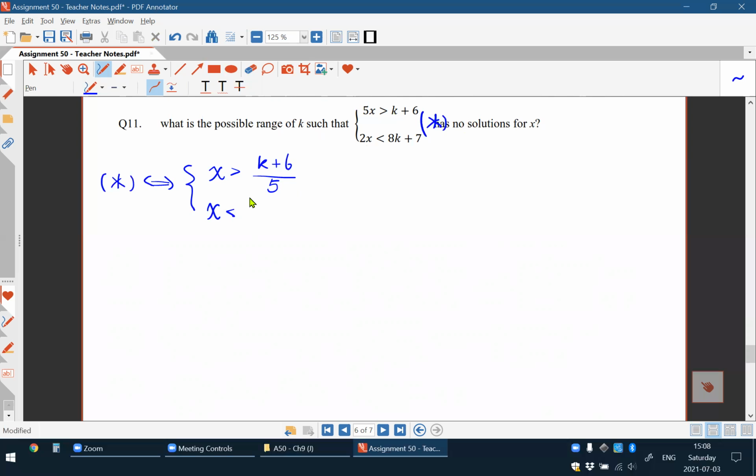So x is smaller than 8k plus 7 over 2. Now if we call this number M1 and this number M2, the solution of this system is x larger than M1 and smaller than M2. So if M1 is smaller than M2, there is a solution, right?